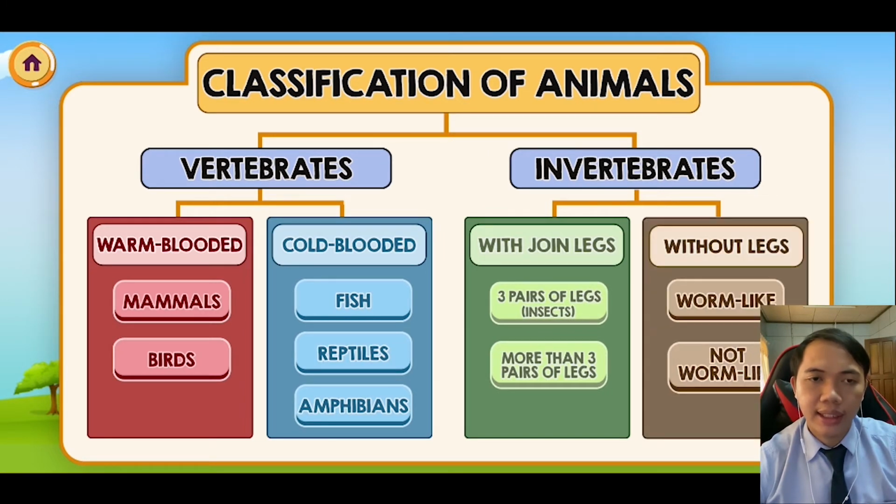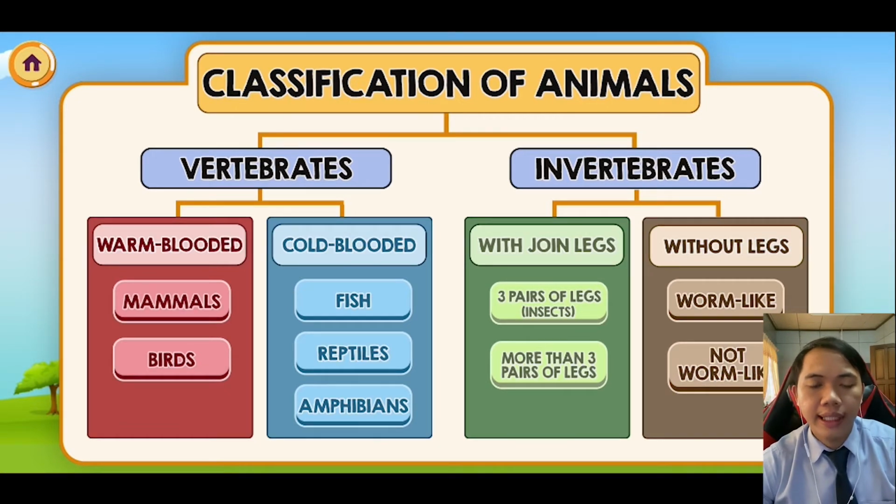As we can see, this is the figure of the classification of animals. It's divided into two big groups, which are vertebrates and invertebrates. In the vertebrates group, there are two more smaller groups, which are warm-blooded and cold-blooded. In the invertebrates group, there are two more smaller groups, which are with jointed legs and without.